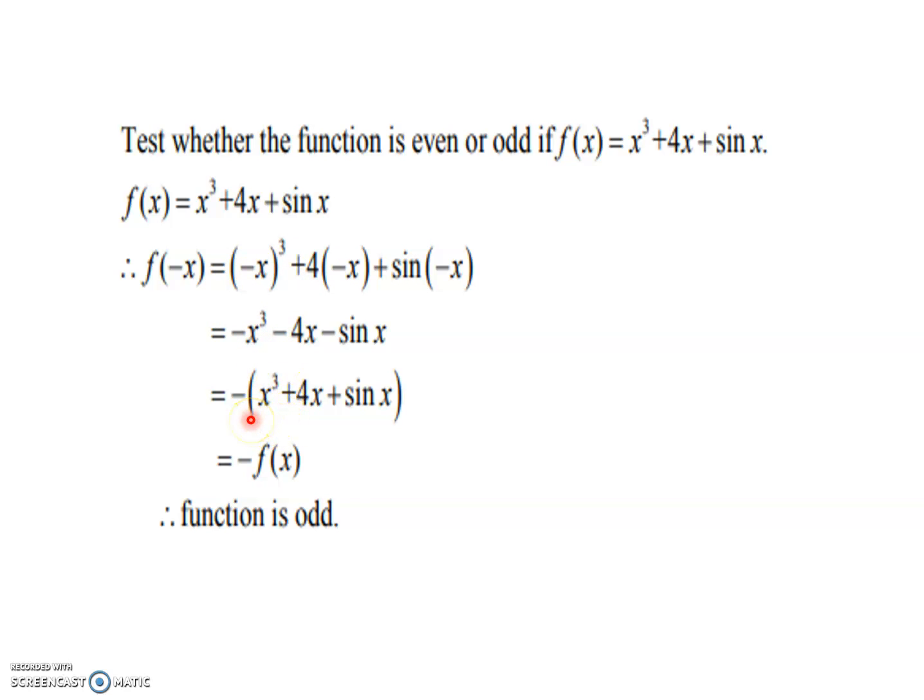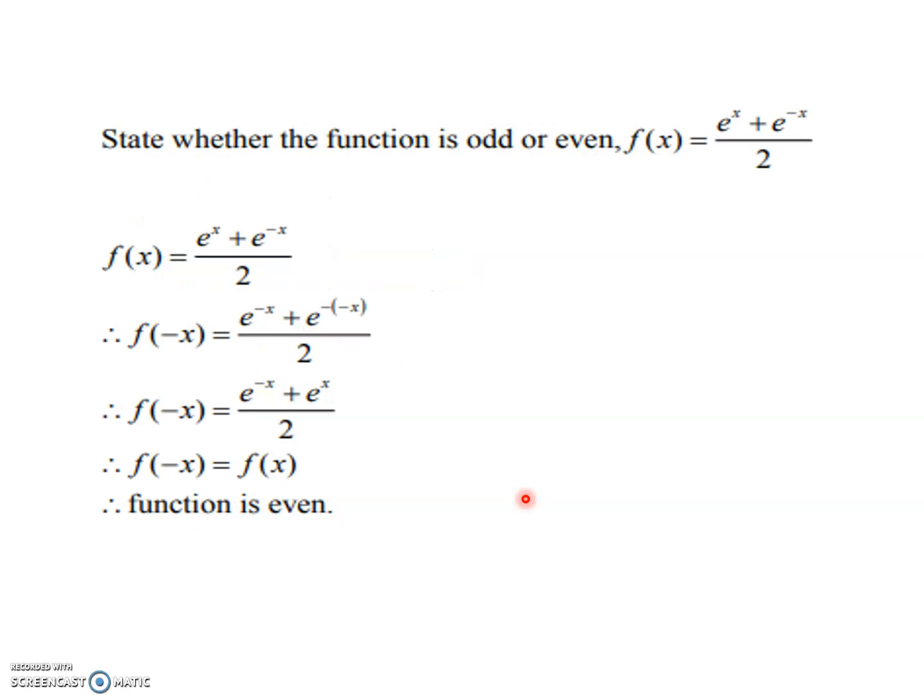We take the minus sign common. So x cube plus 4x plus sin x is exactly f of x, and the minus remains the same. That means f of minus x is equal to minus f of x, so the function is odd.